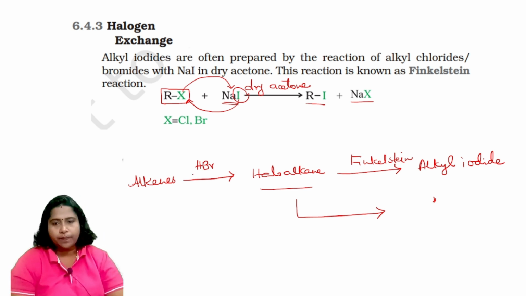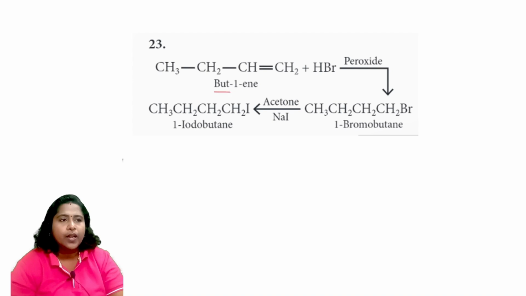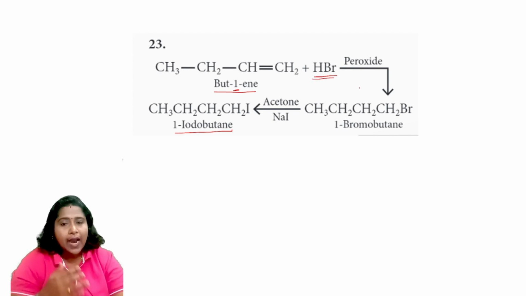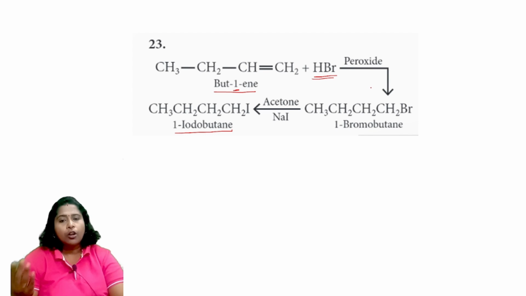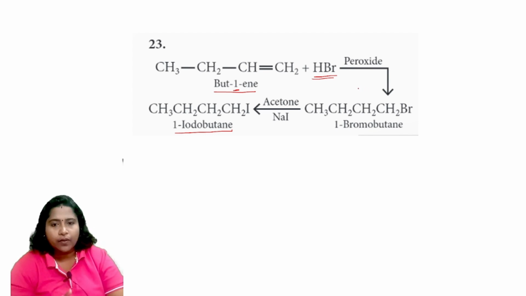Now we'll see the first one, that is but-1-ene. I need to convert this into 1-iodobutane. First, I told you we can use HBr, either by Markovnikov's rule or the peroxide effect, depending on the product we want.